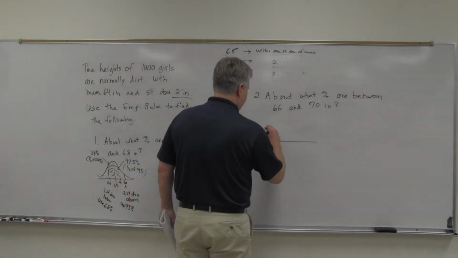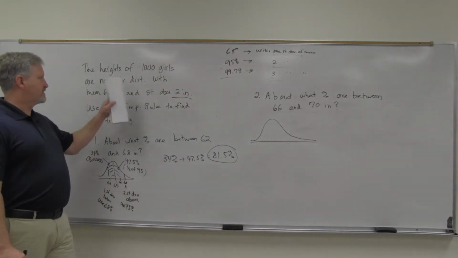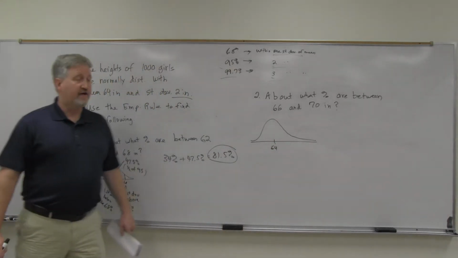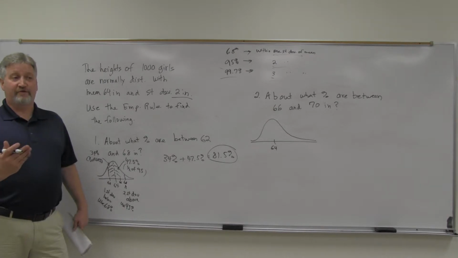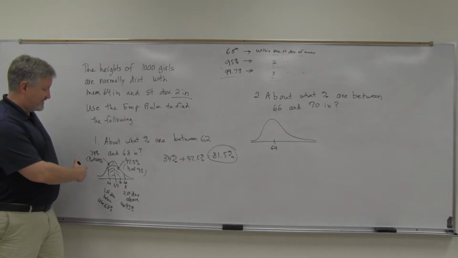First of all, let's note the difference between number 1 and number 2 here. I still have the same mean of 64, but I've got 66 and 70, and where are those both? On the right side. So that's one difference I can see here.